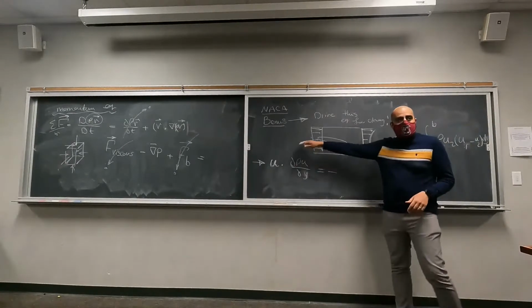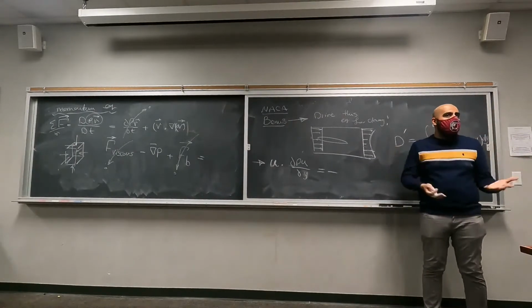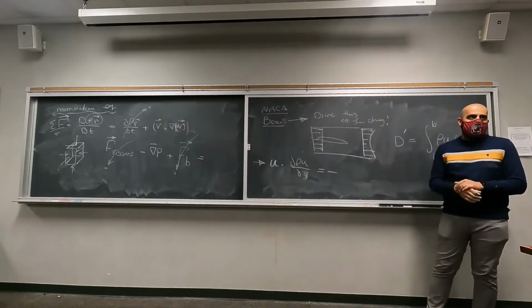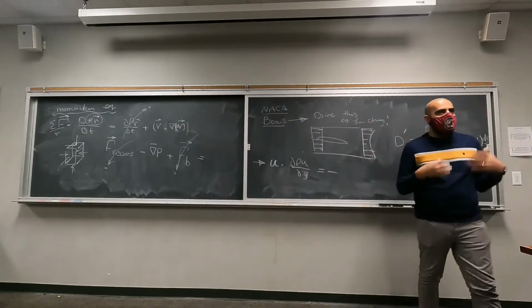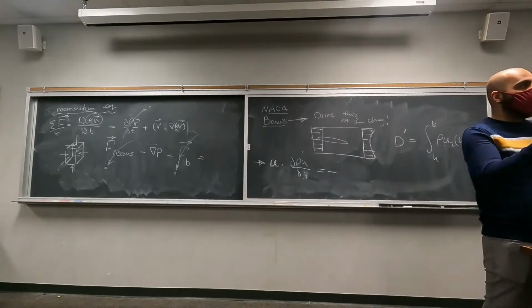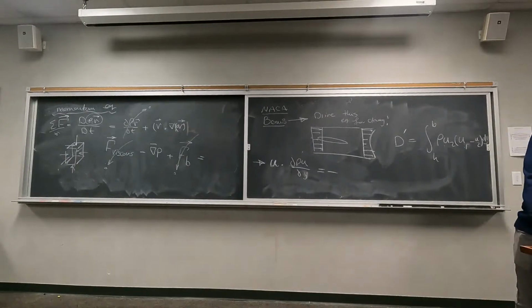So we have one-dimensional flow. The velocity u, our only component of velocity that is present, is changing in the y direction, right? So the changes of velocity are going to help us find the drag. What can we do about lift?